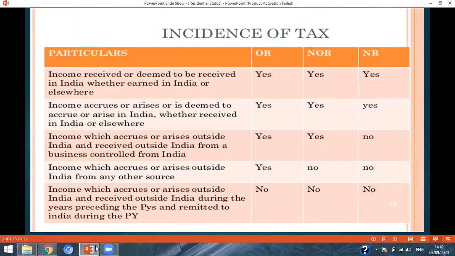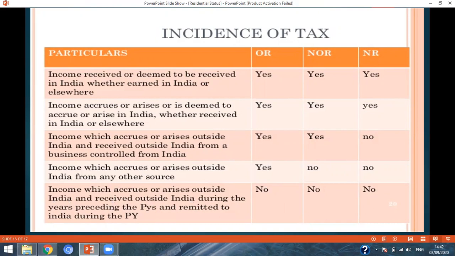Then number 4 we will see later on, but number 5 is any income we earned before the previous year and bring into India in the previous year, that is tax free for all. Other than these points, any income will come in number 4, and that is taxable only for ordinary resident, and tax free for resident and non-resident.